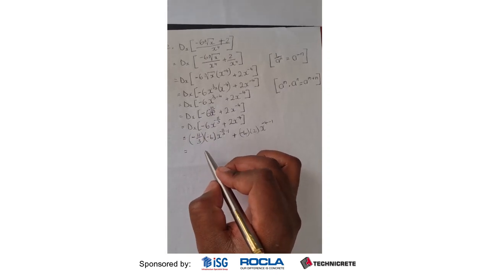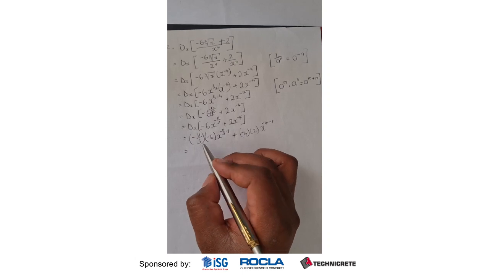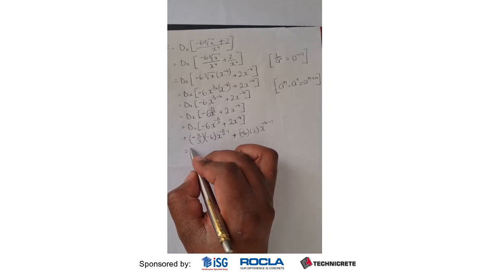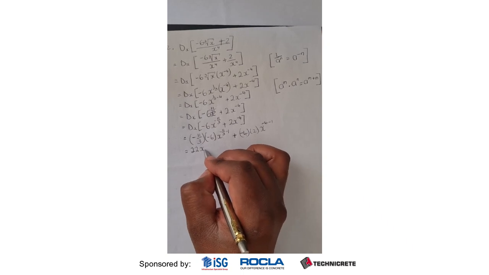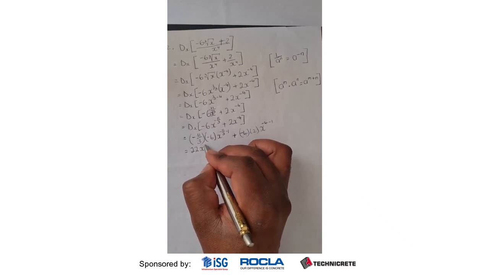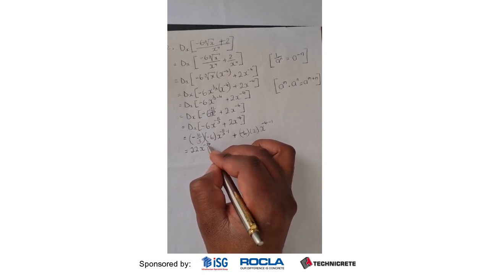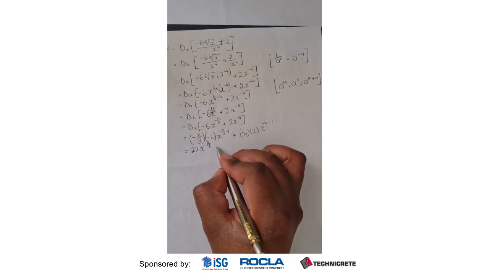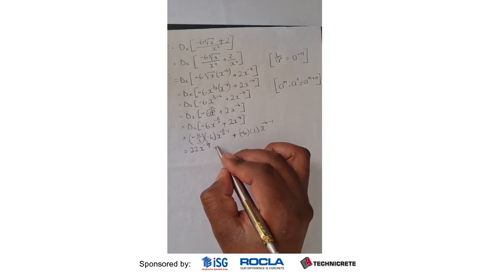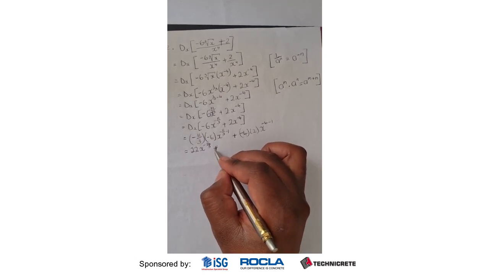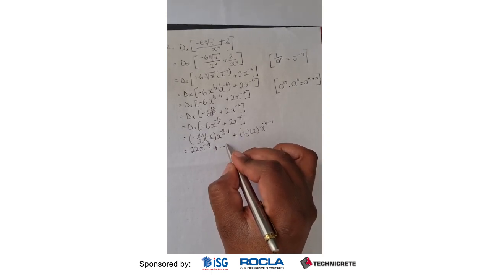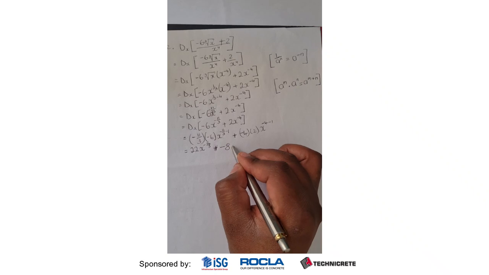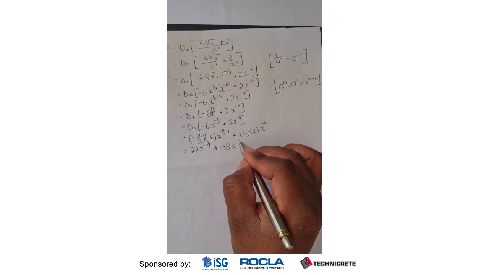And then this now becomes 22 x to the power of negative 14 over 3, plus, should be minus there because it's minus 4 multiplied by 2, minus 8, and then x to the power of minus 5.